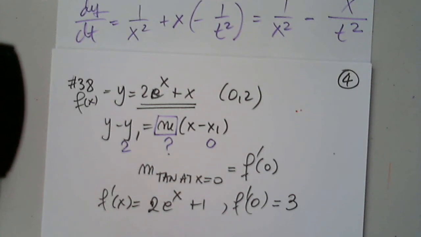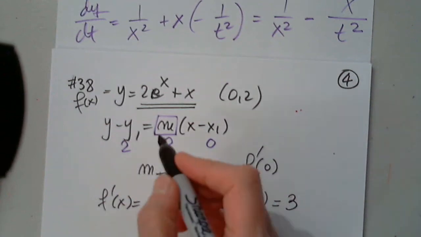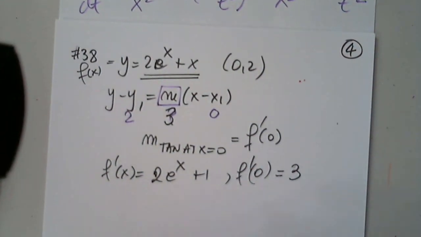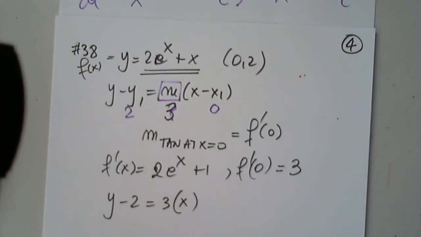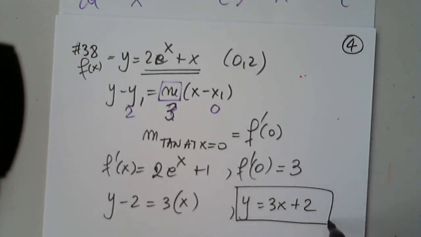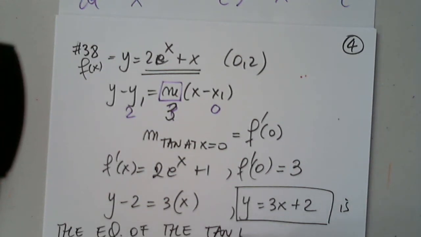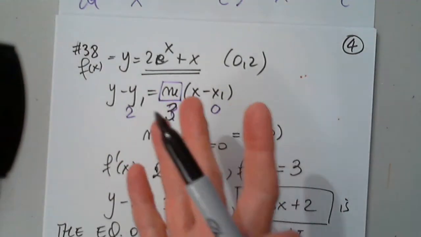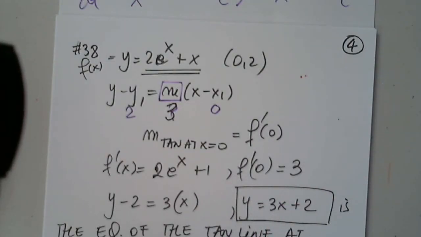That's it. e to 0 is 1. 1 times 2 is 2. 2 plus 1 is 3. So then I have y minus 2 equals 3 times x minus 0. So y equals 3x plus 2 is the equation of the tangent line to the graph of y at 0, 2.